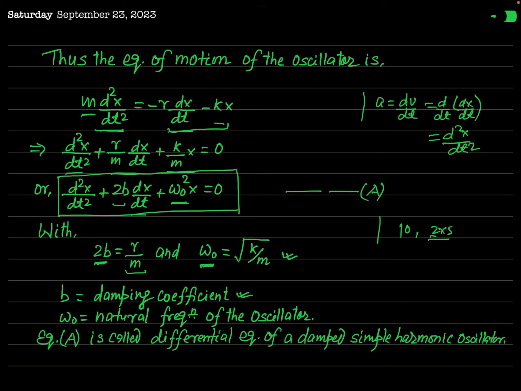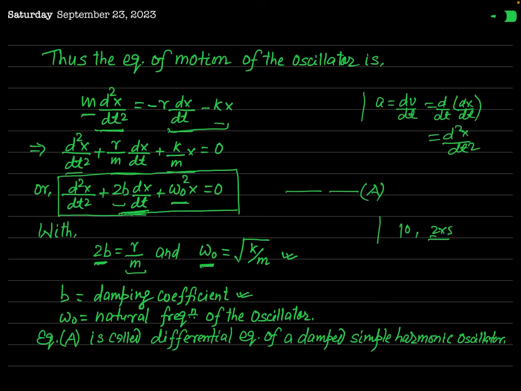So now let us try to solve this equation. Actually, you can see if this second term was not present, then this equation would be simply the equation of motion of a free oscillator. But due to this damping term, this is not the equation of a free oscillator.